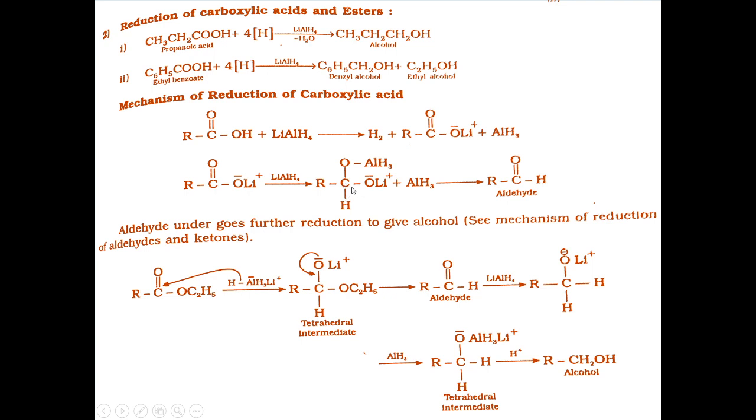See here, RO-AlH3 O minus Li plus H. This is the intermediate product formation along with the formation of AlH3. And finally, the product is RC double bond OH, the aldehyde. This is the formation of acid to aldehyde.